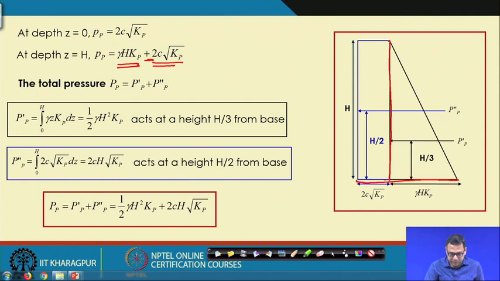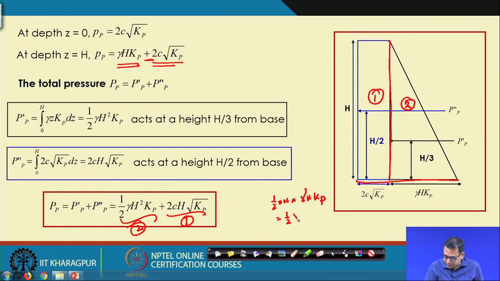Now we have two cases, this is the first and this is the second distribution of the earth pressure. In the first case, 2c root K_P into H is the rectangle, and half into gamma into H square into K_P is the triangle, because for the triangle it is half into H into gamma H K_P, which is half gamma K_P H square.